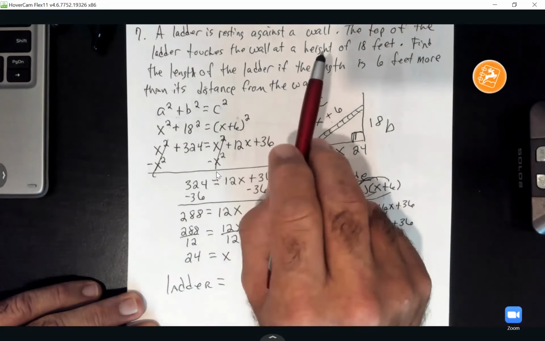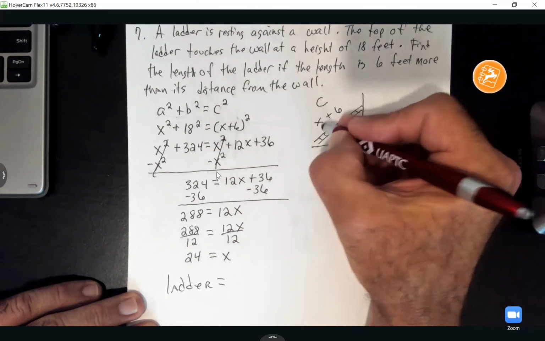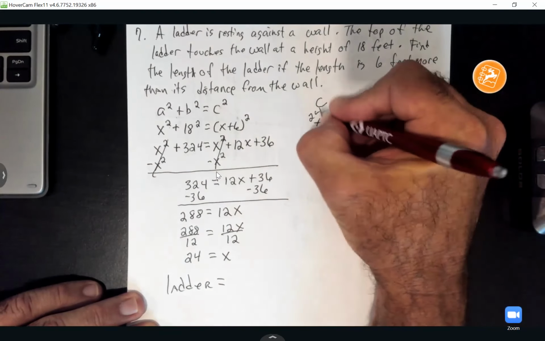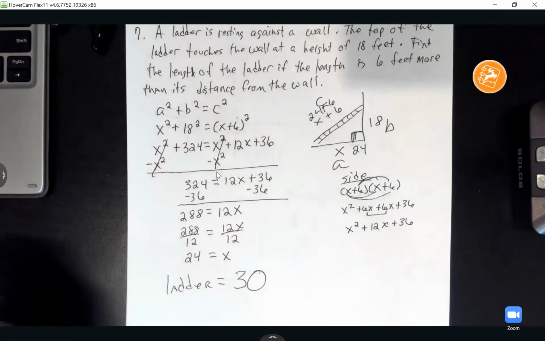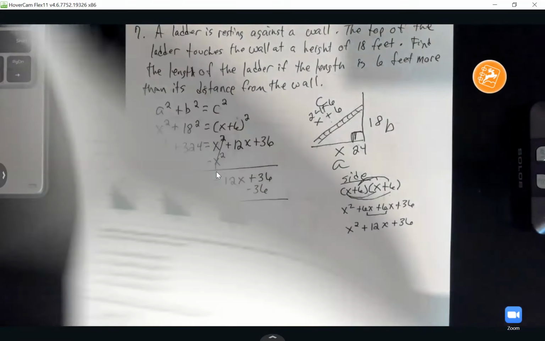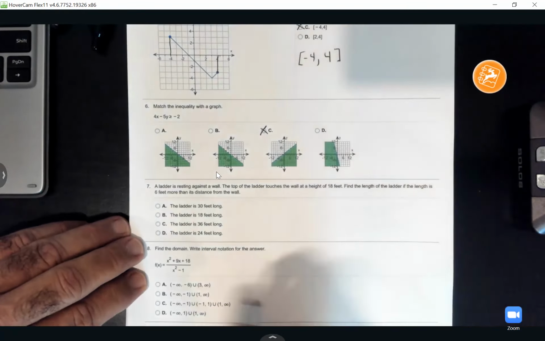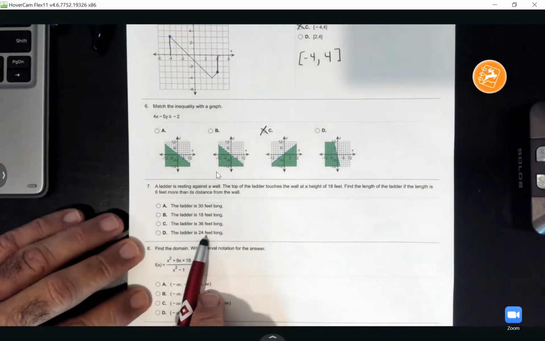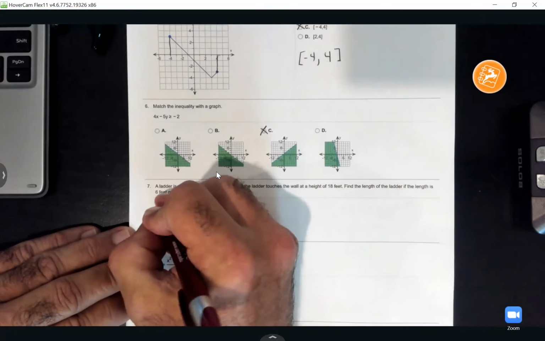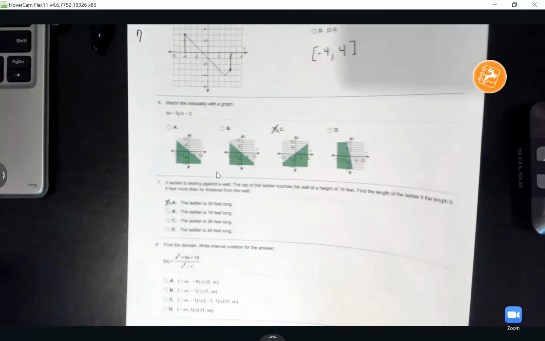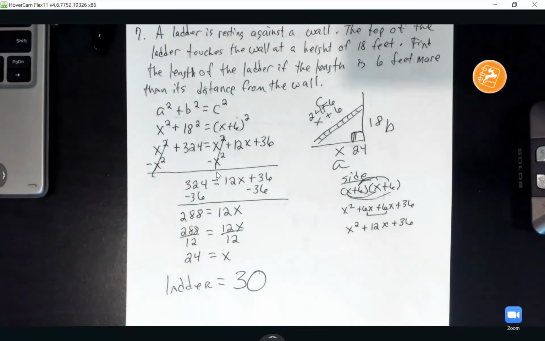We wanted the length of that ladder, which is 24 plus 6, which gave us our 30. Now, y'all, don't worry. They got a 24 on here. So if you stopped at 24, you got it wrong. You had to go with your 30 on that one, okay? All righty, so y'all's favorite problem is now done.